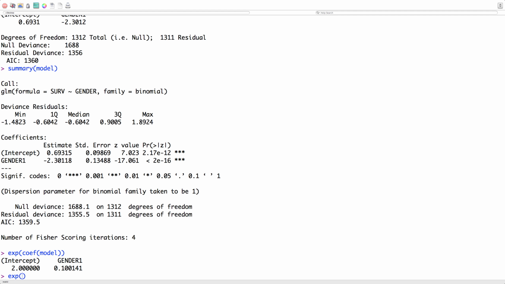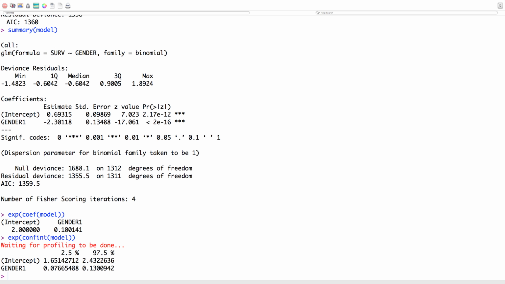Something else that we look at from time to time is the confidence intervals. It gives it in terms of percentiles, but these are the bounds for the 95% confidence interval. So this is the confidence interval for the odds, and we have statistical significance here.